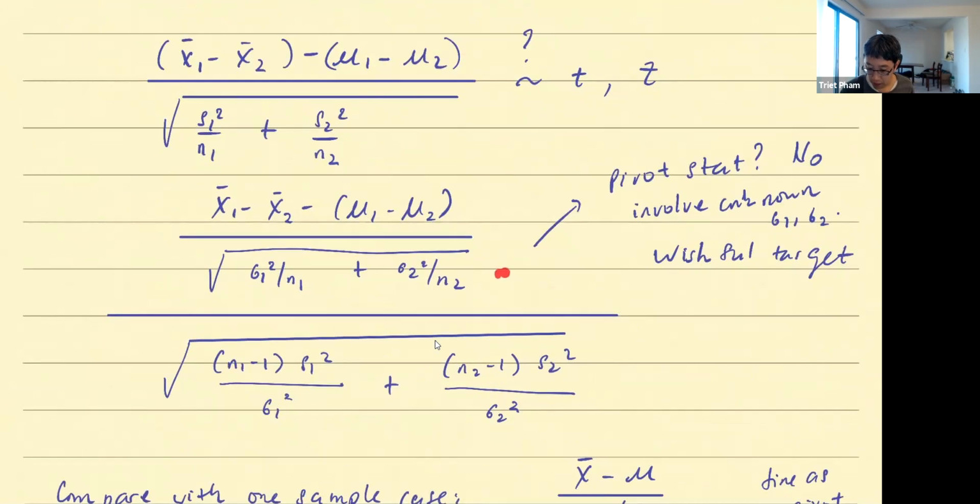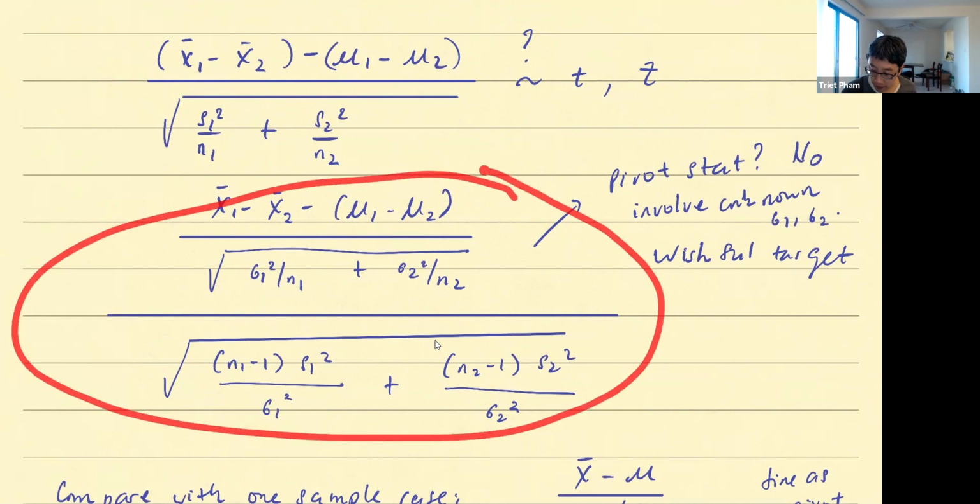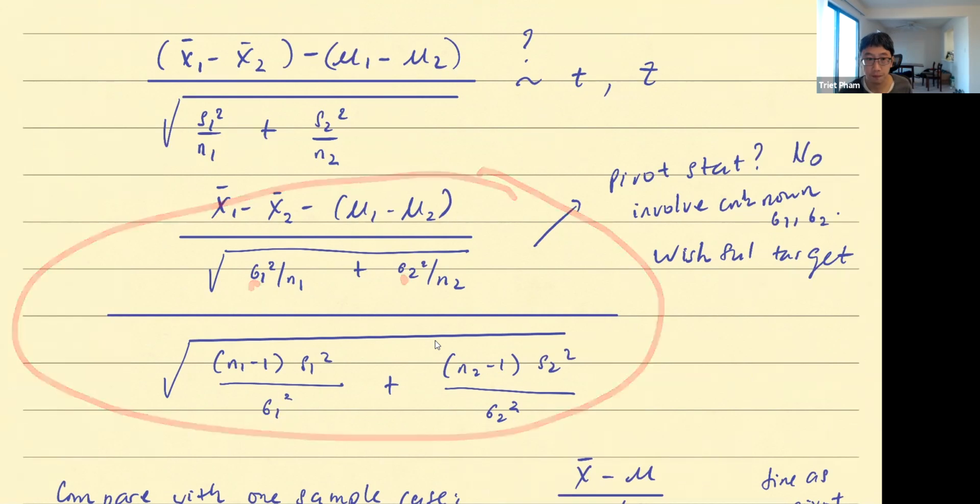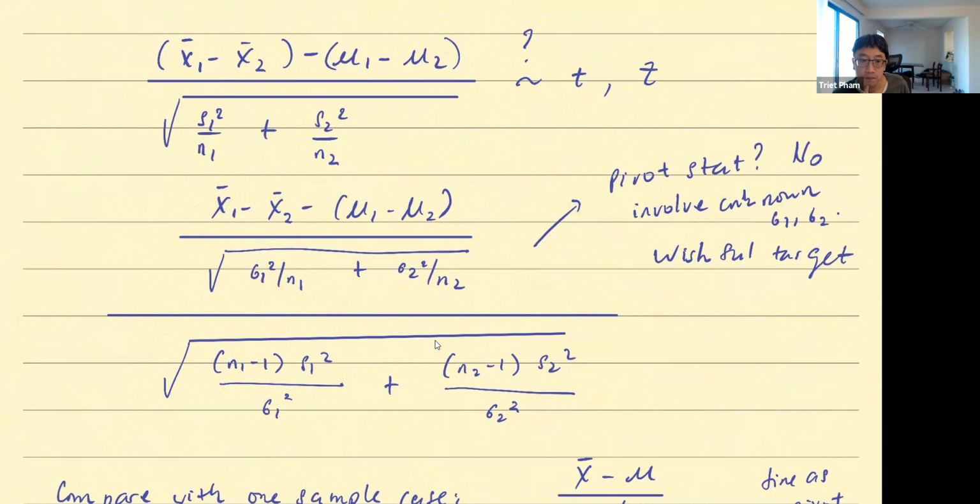So what can we do to make sigma 1 and sigma 2 cancel here?